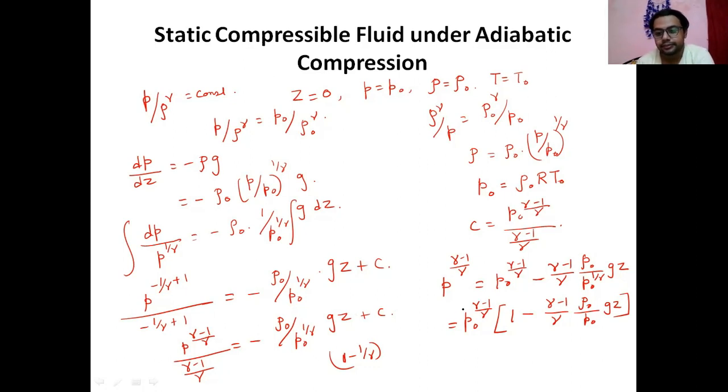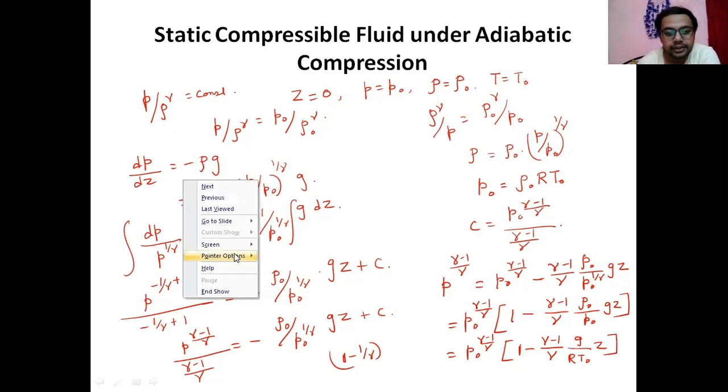So this is coming as gamma minus 1 by gamma, and P0 by rho 0, rho 0 by P0, so g by R T0 into z. This is the equation that is coming.